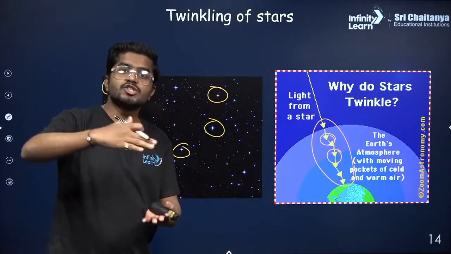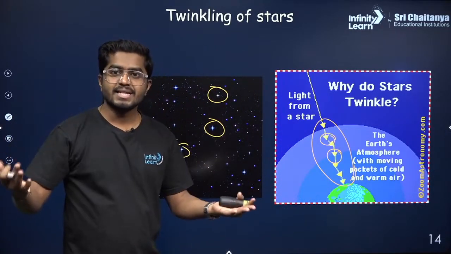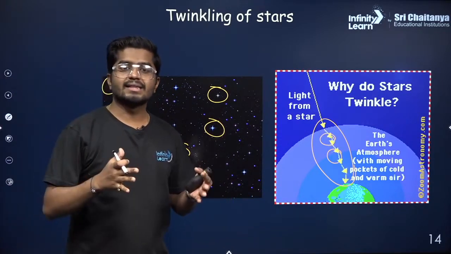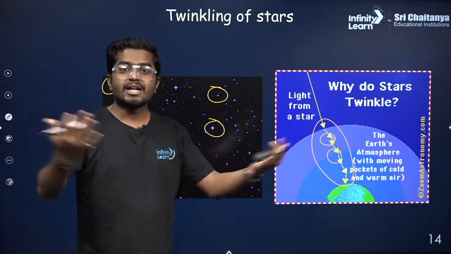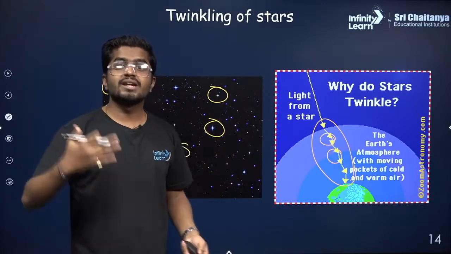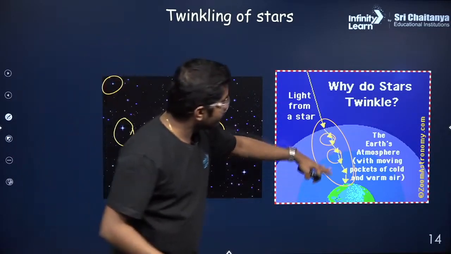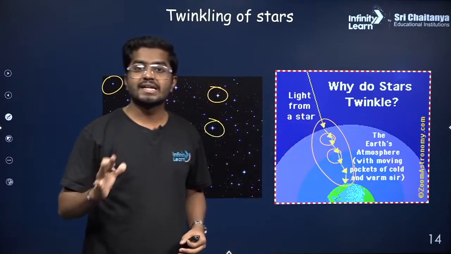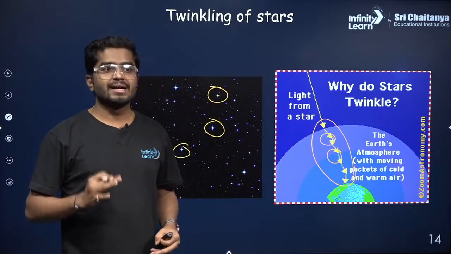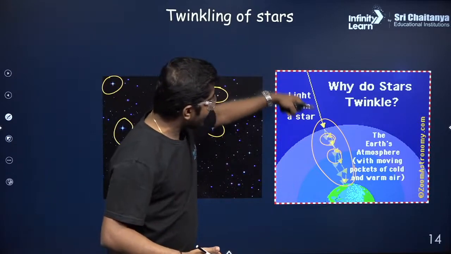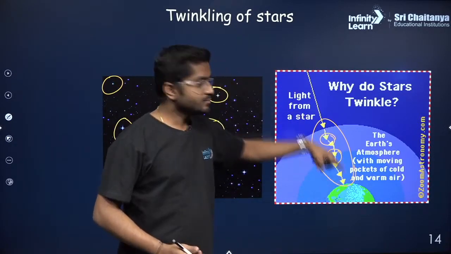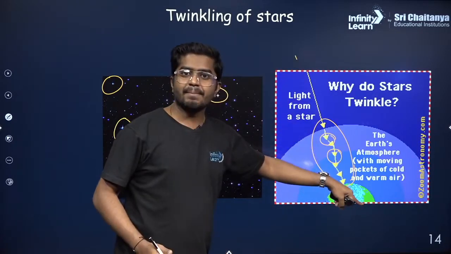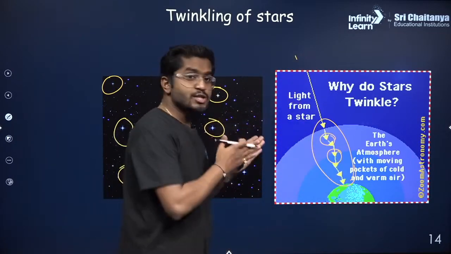So there is a constant change in the temperature. कहीं से cold air आ जाएगी, ठंडी हवा आ जाएगी, कहीं से hot air आ जाएगी, right? So जो atmosphere है, it is constantly changing. तो उसका जो refractive index है, it is not fixed. And because of that, क्या होता है, जो light star से आ रही है ना, there is not a straight path. वो ऐसे straight path में हमारे पास नहीं आ रही है. Sometimes it is going away.